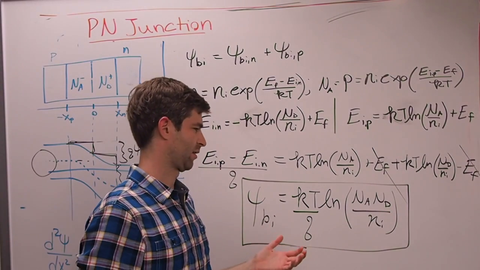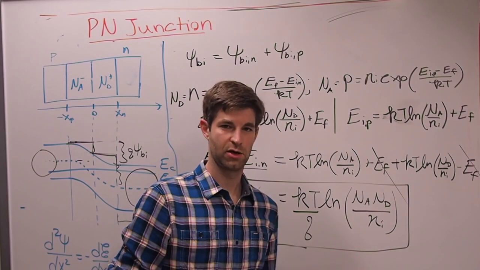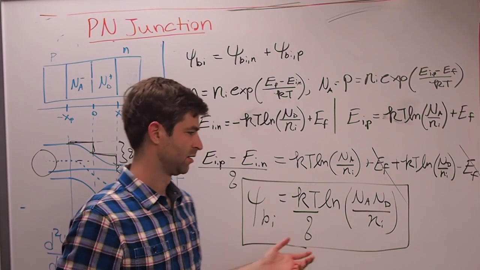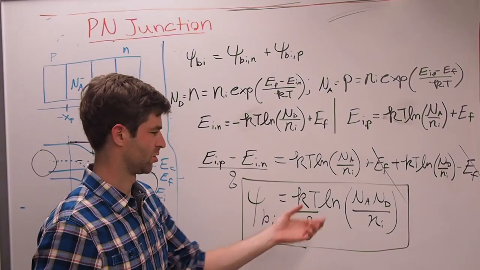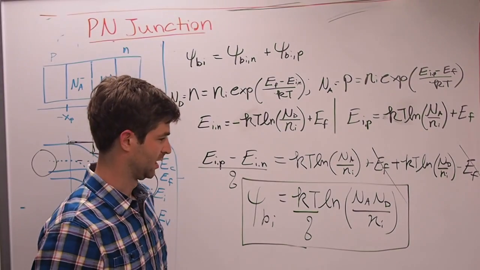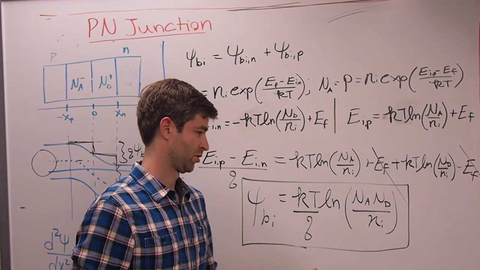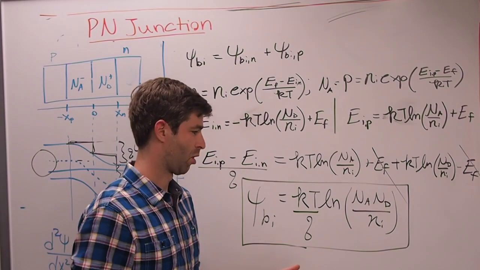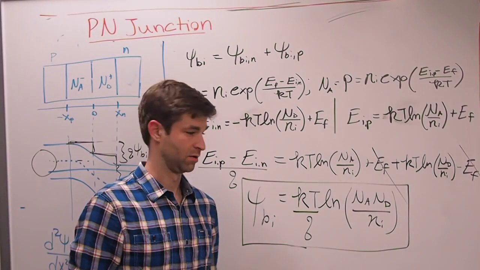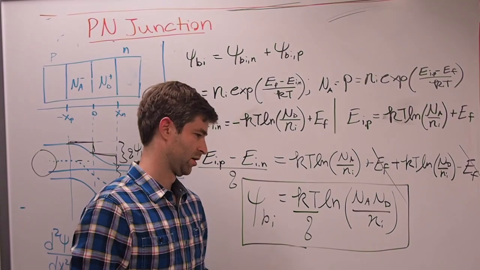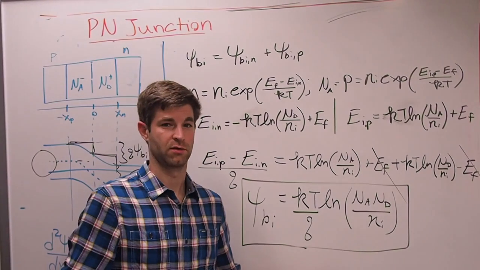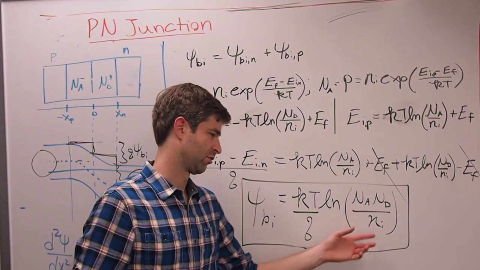So what does that tell us? If NA and ND are both very, very high, we get a very large built-in potential, right? If NI is very, very large, we get a very small built-in potential. When would NI be large? Well, large bandgap semiconductors have a very small intrinsic carrier concentration.